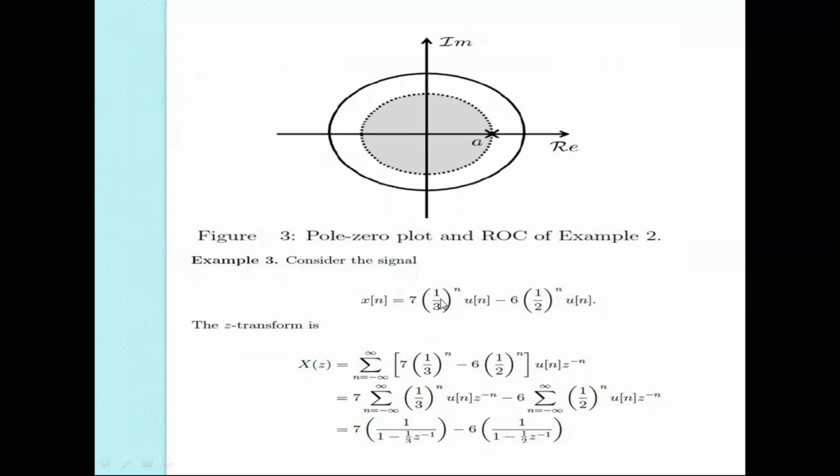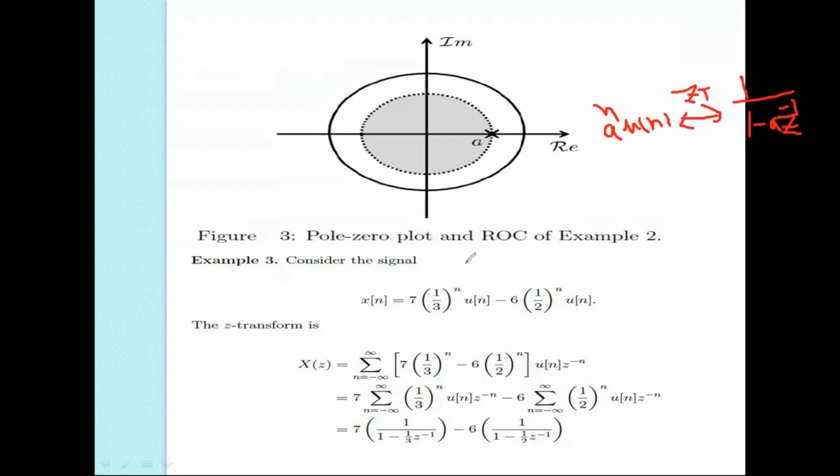Now it is in the form of a power n u of n and a power n u of n. We can directly write. So what is the Z transformation of a power n u of n? It is 1 by 1 minus a z inverse.